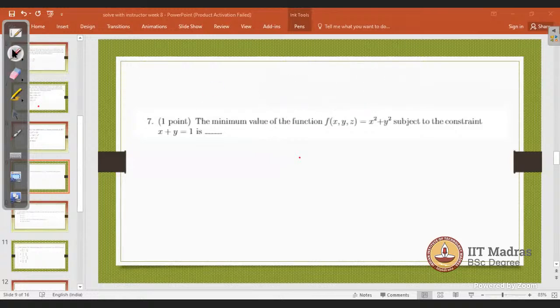Those are the few questions where it's mentioned to answer up to 2 decimals, but I'm getting a whole number. So I'm just wondering whether I'm doing something wrong on those questions. Okay, if it is mentioned to answer correct up to 2 decimal places, maybe there can be both cases.